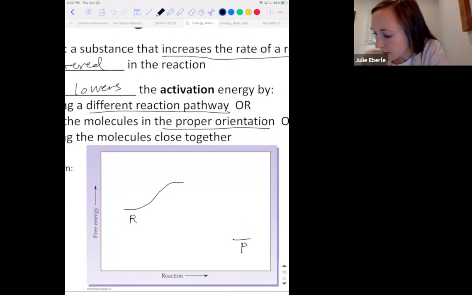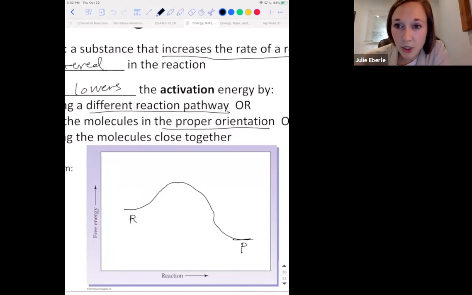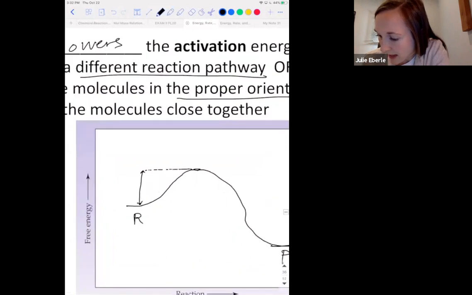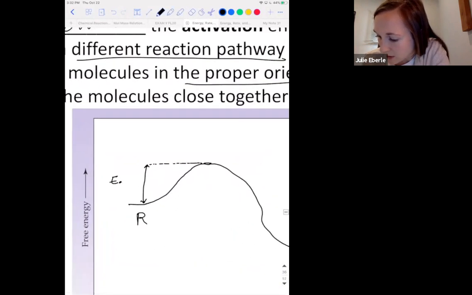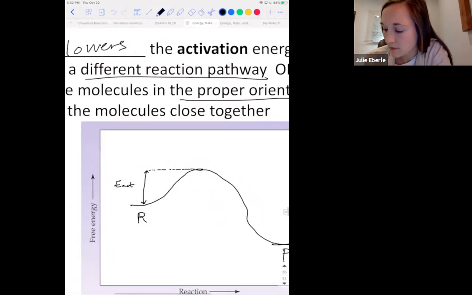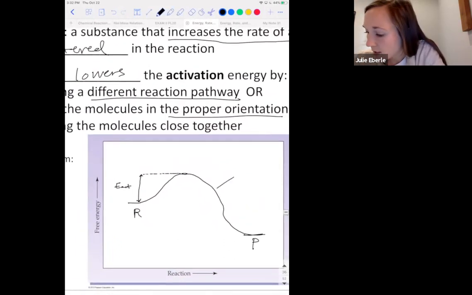And then once we clear that, we're just going to go on down and make our products. So let's mark off the activation energy: the top of the peak down to the energy level of the reactants. That is the activation energy for this reaction. And this reaction is with no catalyst.